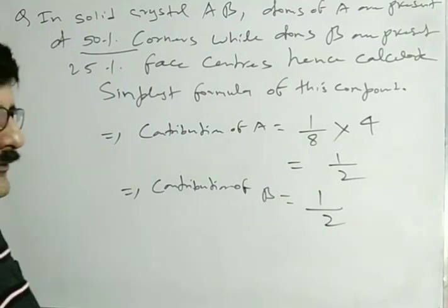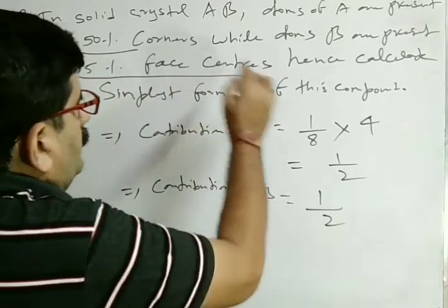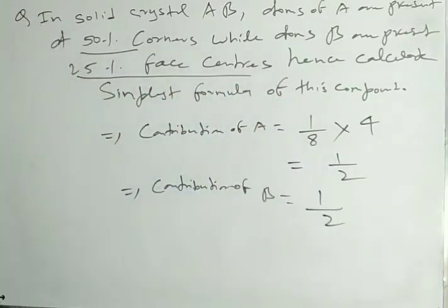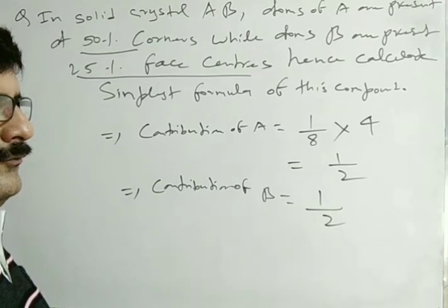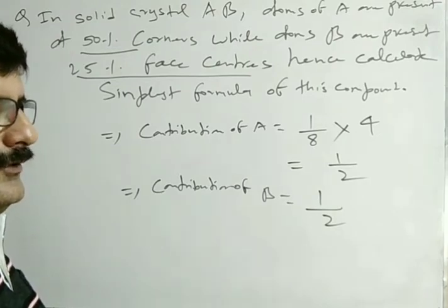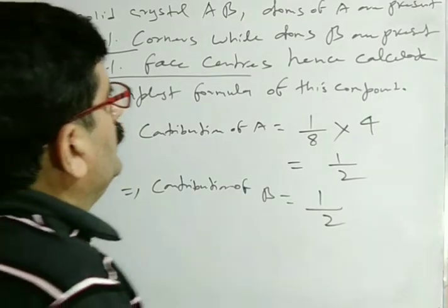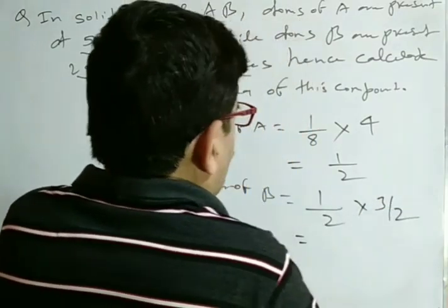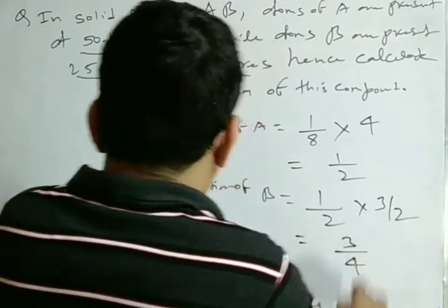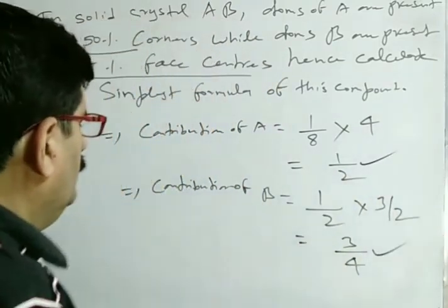Total number of faces is 6, but here 25% B. So 6 divided by 2 is 3, which is 50%, and dividing by 2 again gives 25%. So we can write 3 by 2 into 1 by 2, which is 3 by 4. This is the contribution of B, and that was the contribution of A.